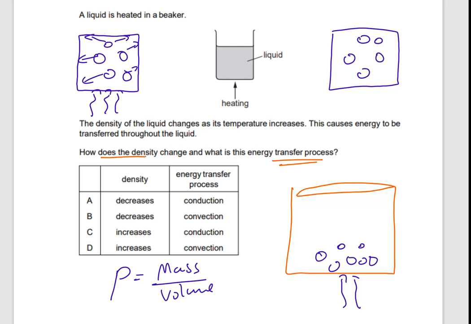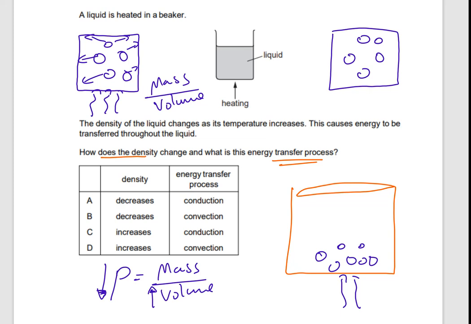When you heat it up, it is the same amount of mass, but it has occupied more space, so the volume has increased, which means in that case the pressure would decrease.